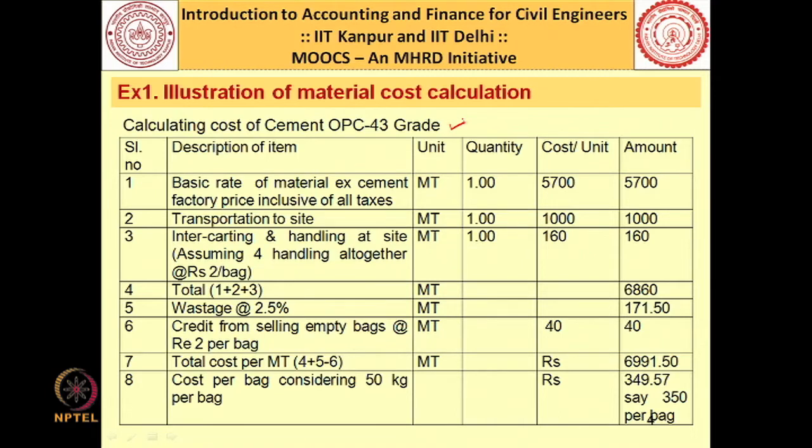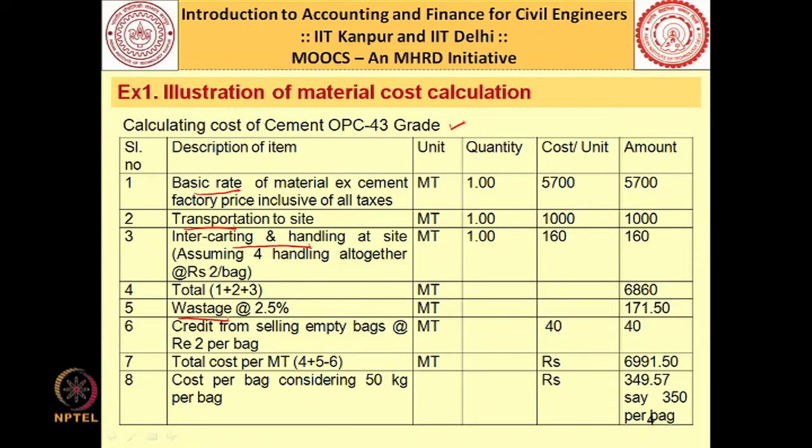If you remember, in the previous lecture I told you that when you calculate the cost of material, you have to consider the basic rate, the transportation cost, and some other costs such as the cost you incur in intercarting and handling. You also have to incorporate wastages if there are any, and thereby you get the total cost.